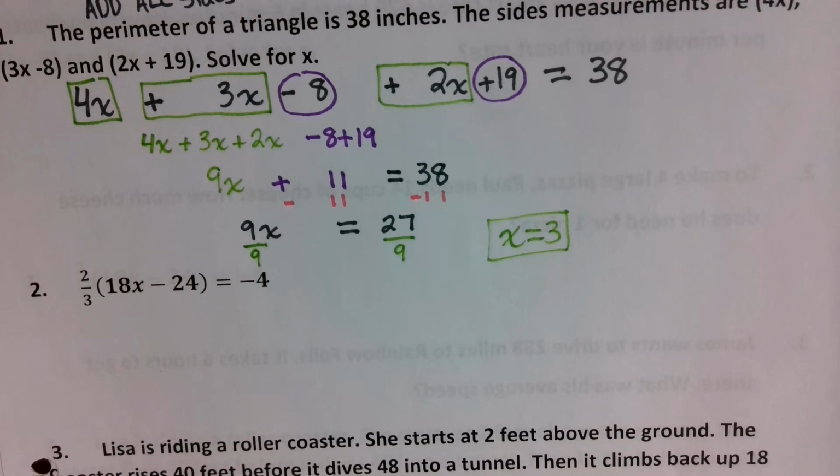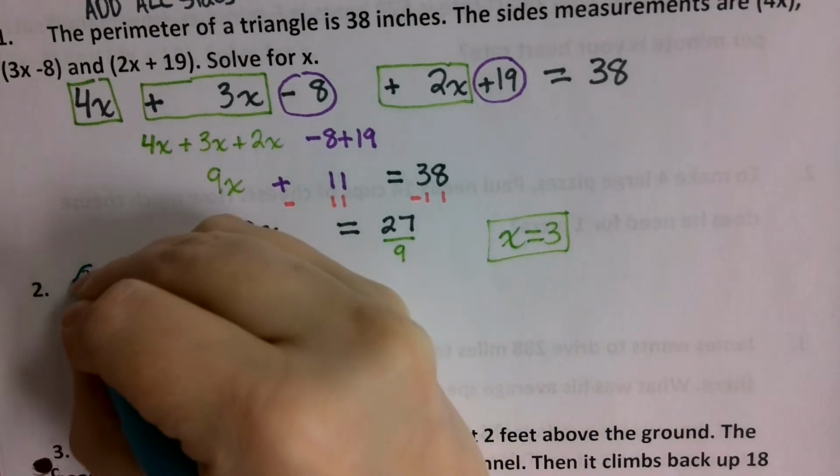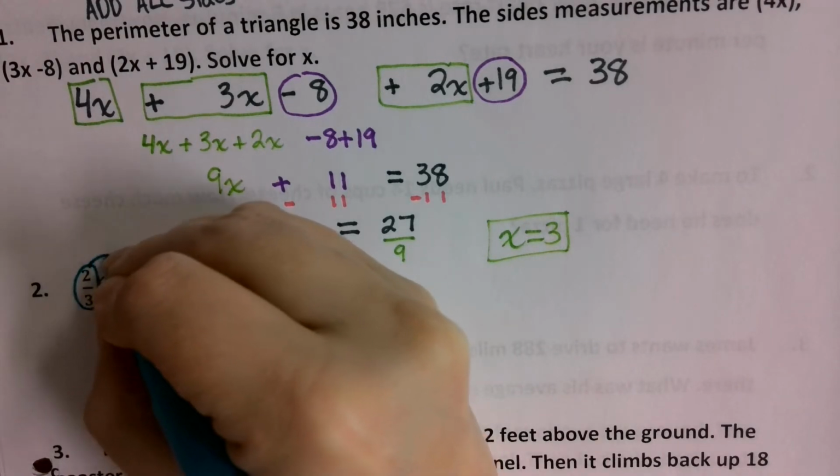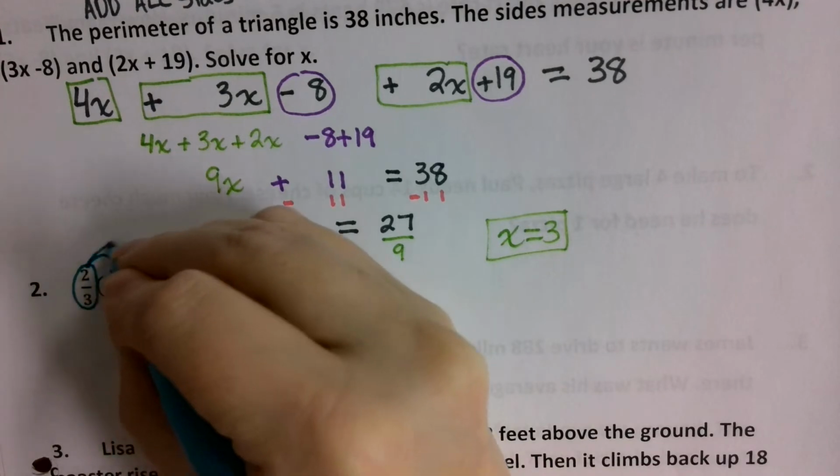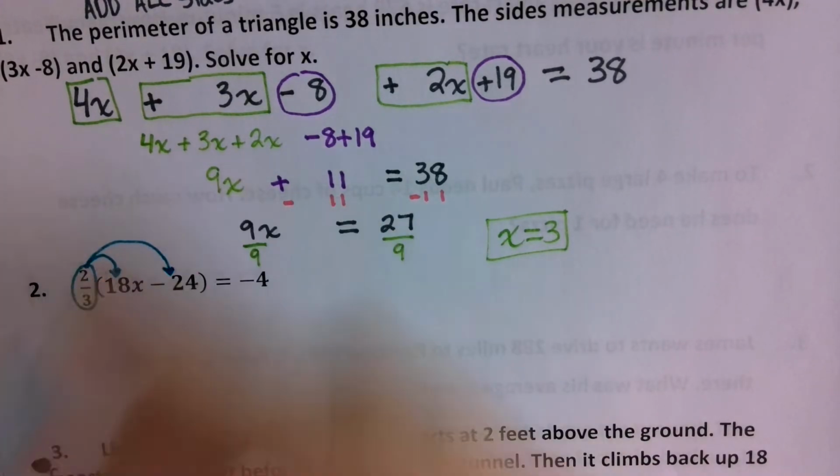We're supposed to distribute. And what operation is distributive property, Chisimdi? When I say distribute, what am I actually doing? Multiplying. Good. So we're taking this 2/3 and we're going to multiply it to the 18x, and to that negative 24.